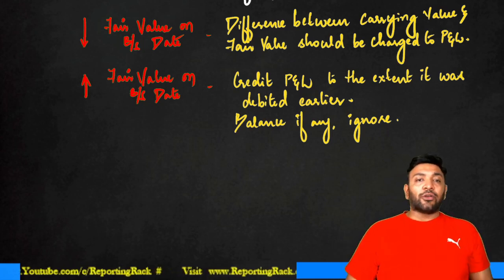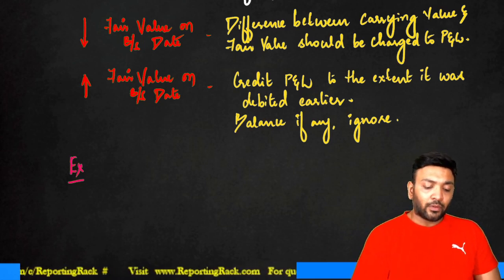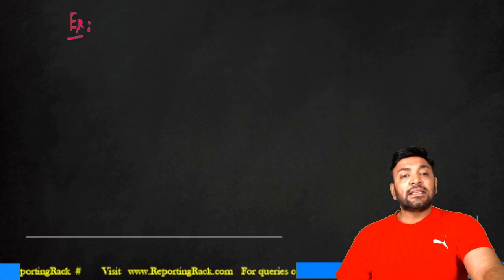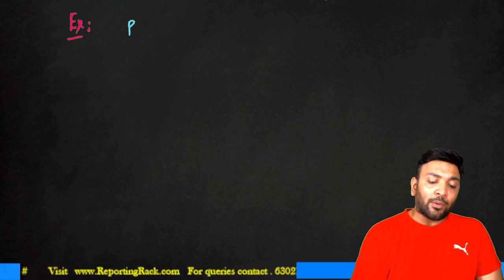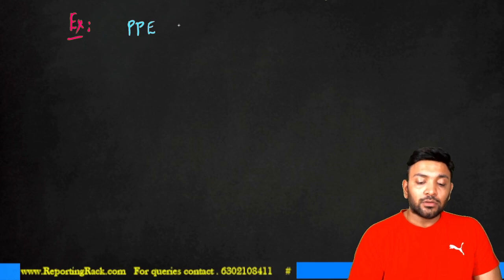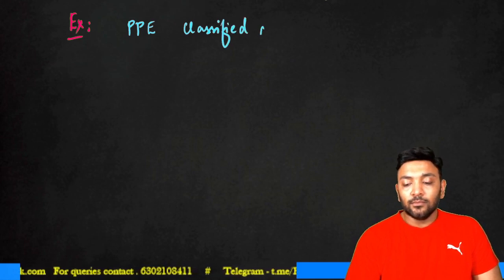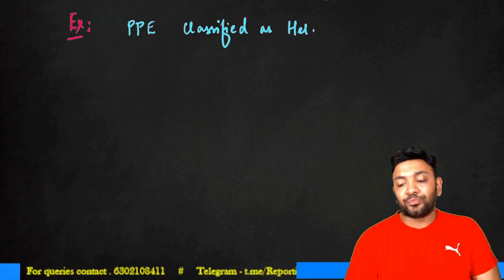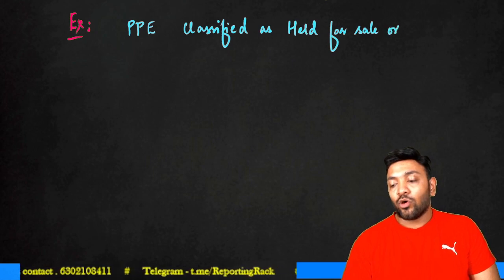Now what am I talking about? Let's take an example and understand the situation. Let's say I have a property, plant and equipment, PPE, classified as held for sale on 1st February 2021.